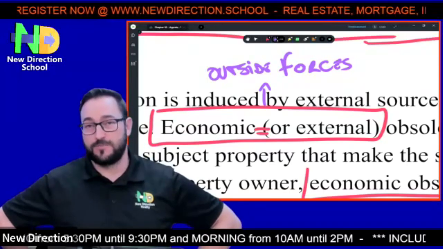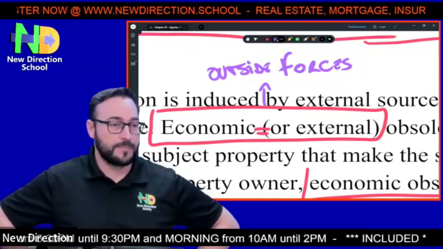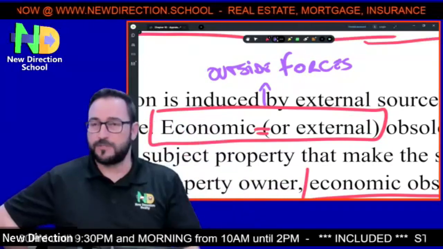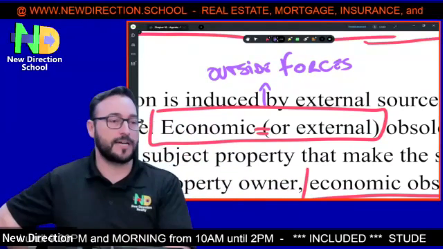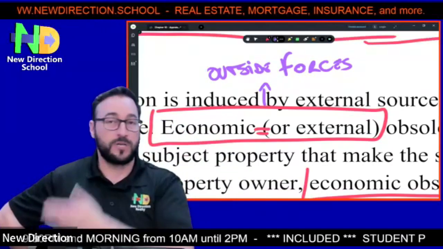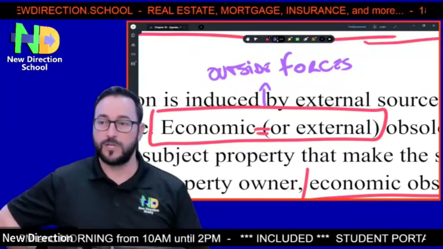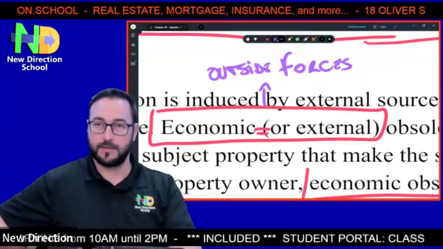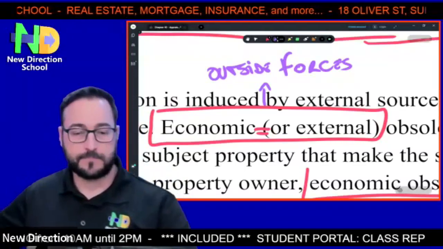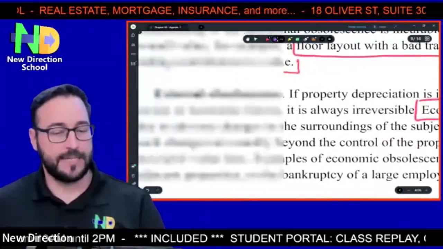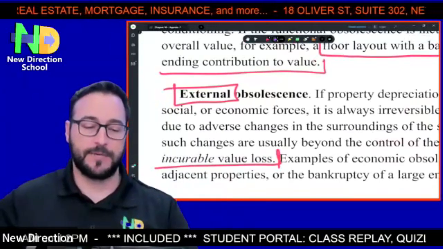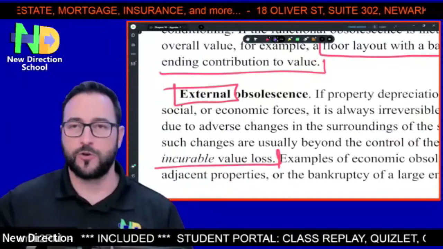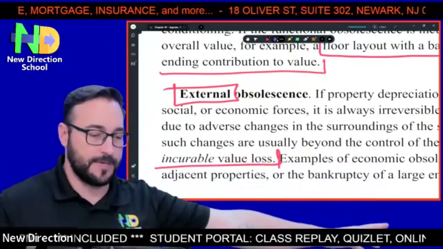Actually, even now with all the kids, it's usually the kitchen. But I'm just saying, we don't need a dining room. So what can we turn the dining room into? We can use it for something else. The purpose has changed. Does that make sense? So that's what functional will be. And then external or economic obsolescence, it's always incurable and it's always outside of your property.